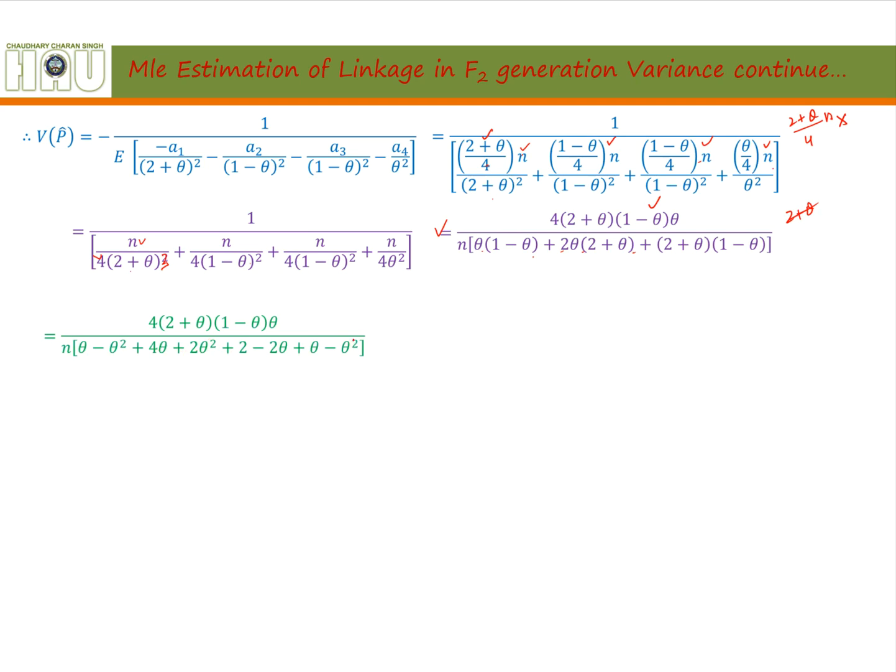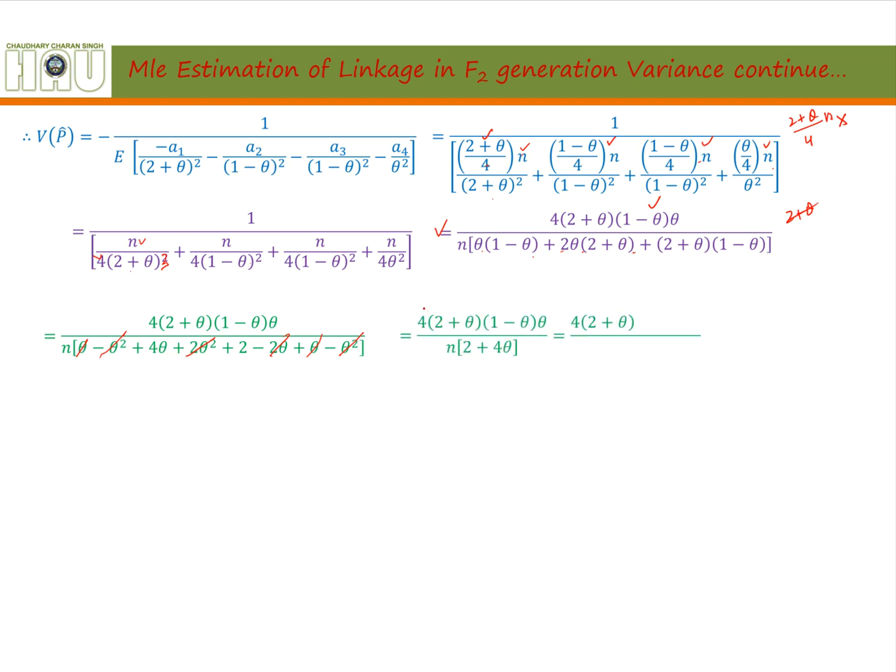So if you simplify it, minus theta square cancels with 2 theta square, plus theta minus 2 theta, and this cancels out. So we are left with 2 plus 4 theta in the denominator.